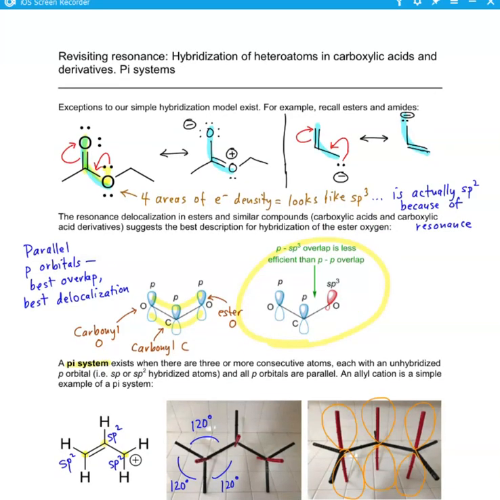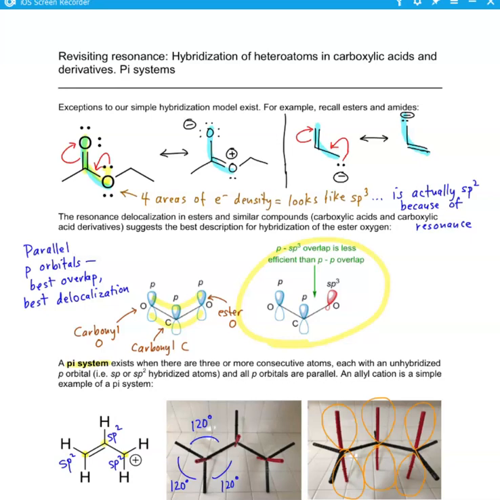The exception involves where we have a lone pair on an atom next to a double or triple bond. The atom with the lone pair has to have a p orbital, otherwise we couldn't invoke the idea of resonance. And because it has to have a p orbital so that it can participate in the pi system, it has to be sp or sp2 hybridized.